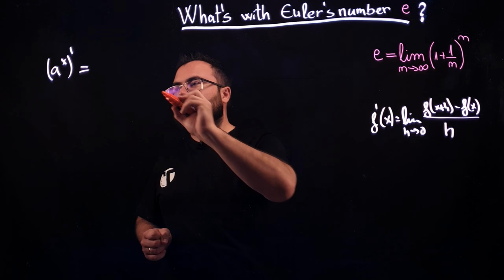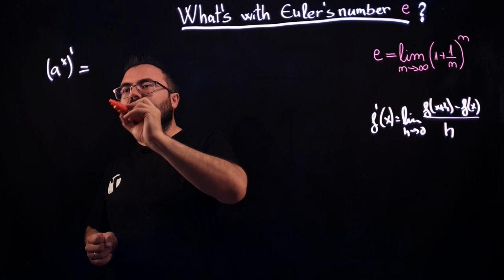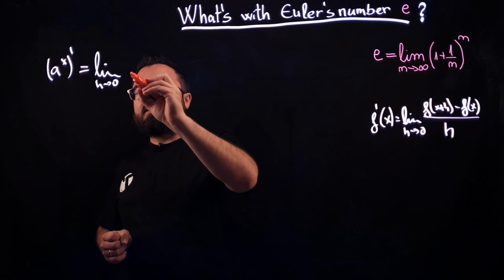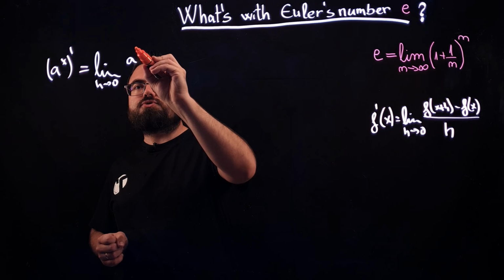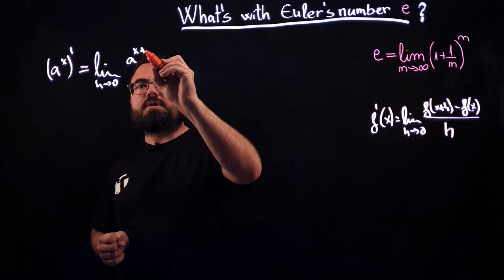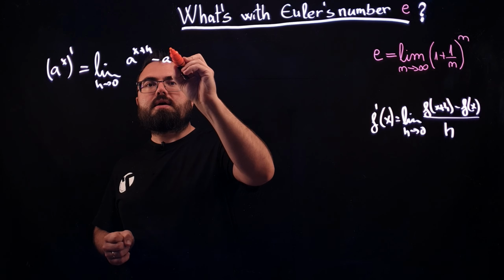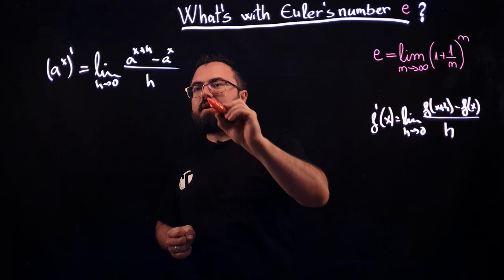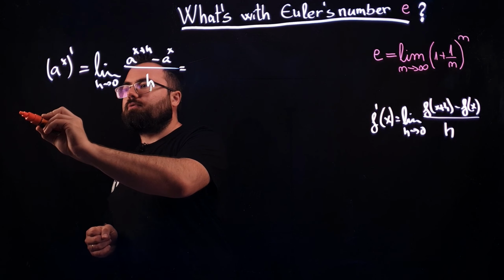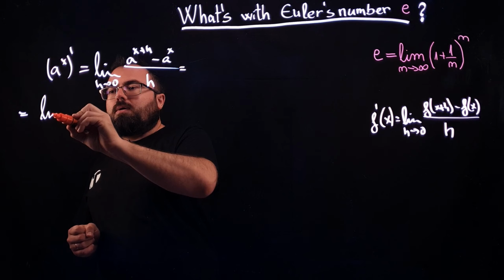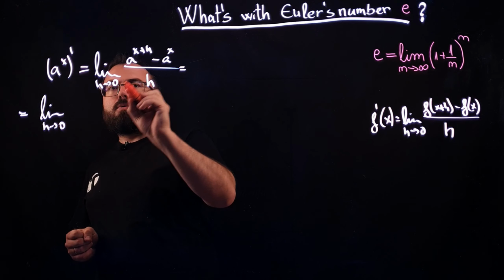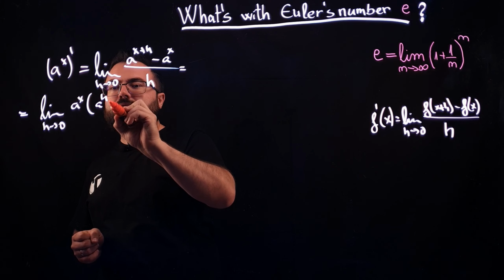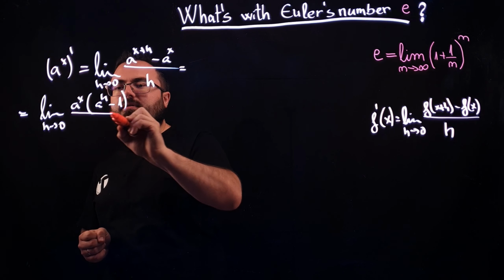Using this definition, the derivative of the exponential a^x means the following: the limit as h goes to 0 of (a^(x+h) - a^x) divided by h. Further, within the limit as h goes to 0, we can factor out a^x, and we have (a^h - 1) divided by h.